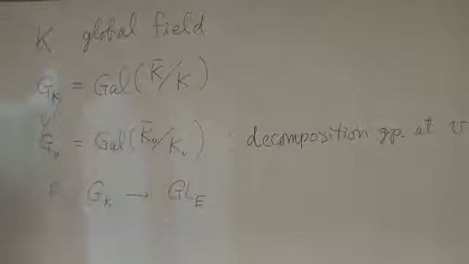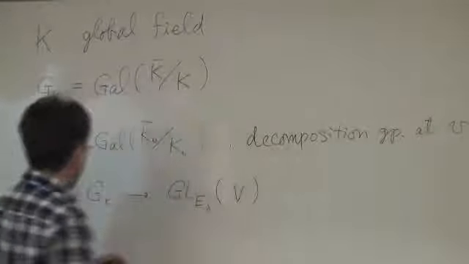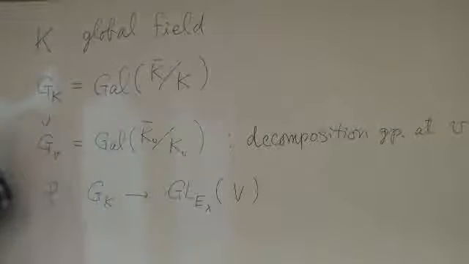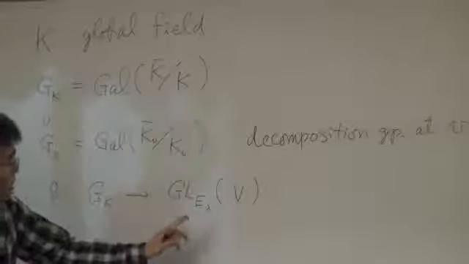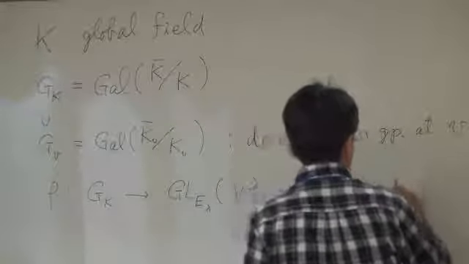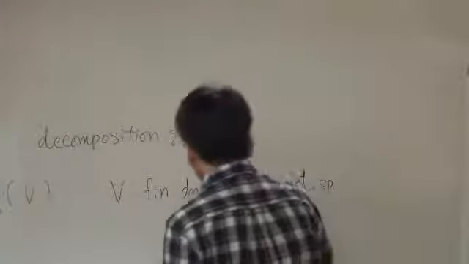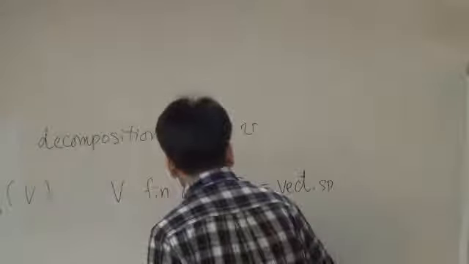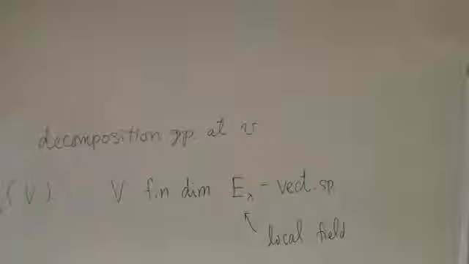For the moment, let me state this rather vaguely. This is just a continuous group homomorphism from this topological group to GL of V, where V is a finite dimensional vector space over some local field E_lambda.